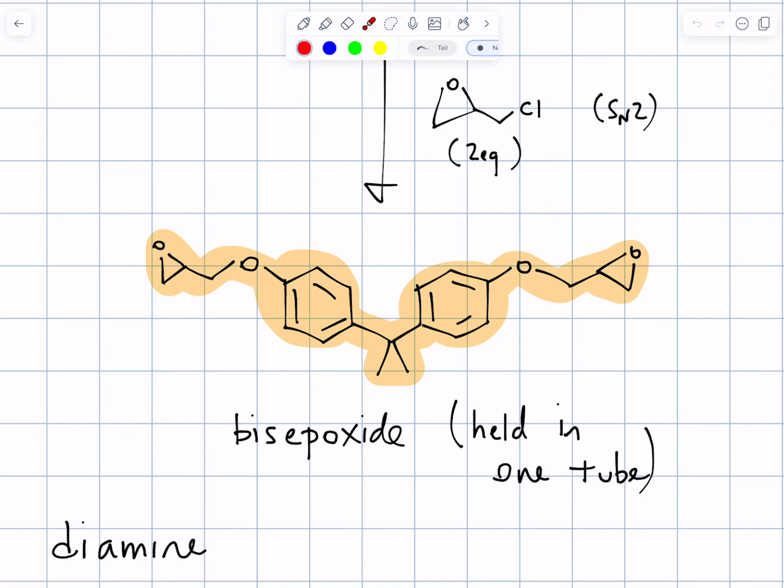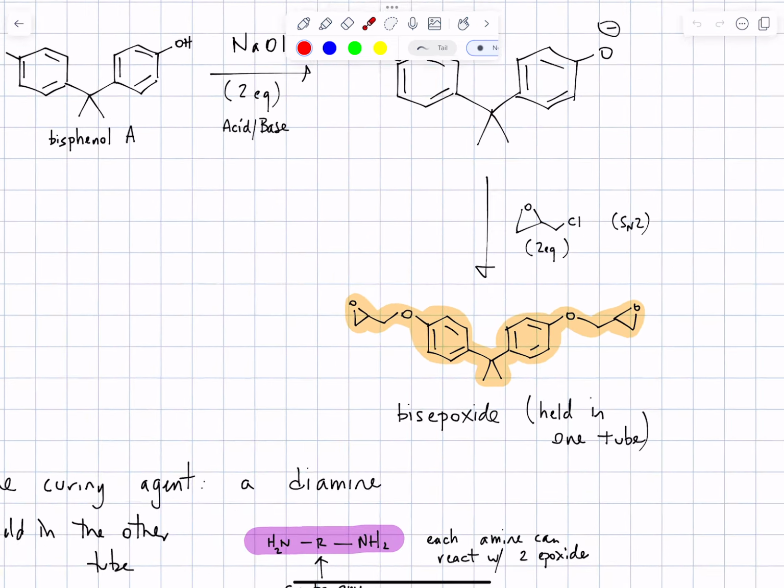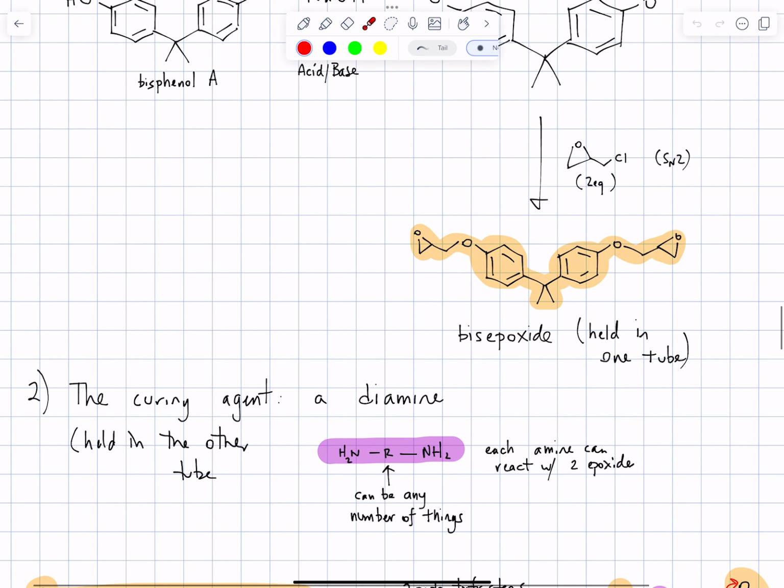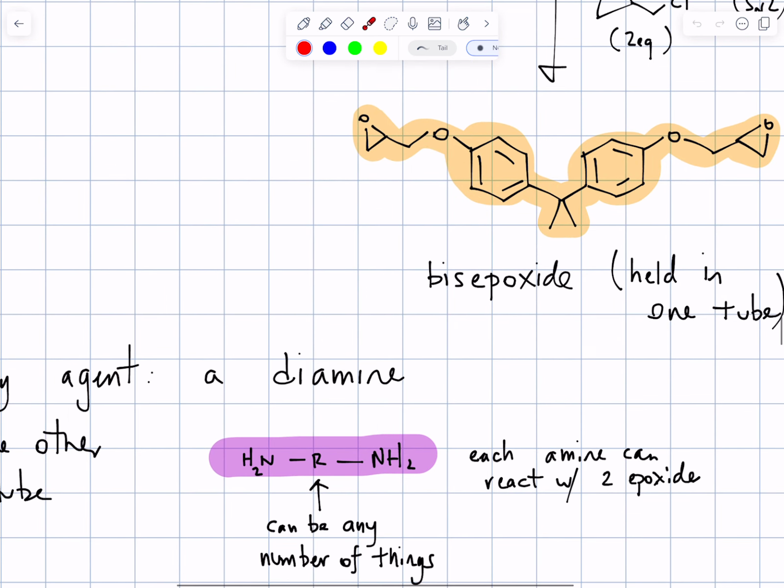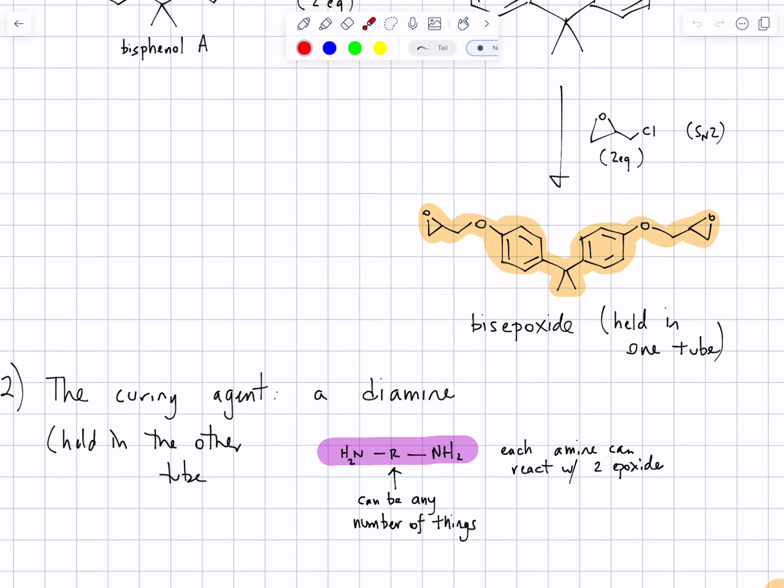That's held in one tube. In the other tube is the curing agent, which is the nucleophile. And the curing agent is a bis or diamine. It is an amine. It's a molecule that has an amine on one side and amine on the other side. These molecules, like the bis epoxide or the diamine, by the way, I don't really know when to use bis and di, so we're using both of them and hoping for the best. These are bifunctional molecules.